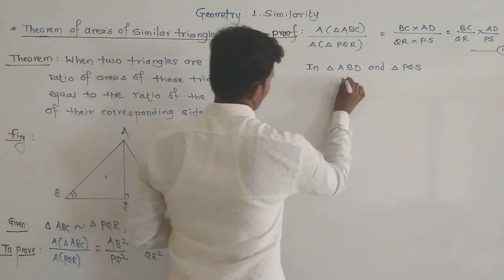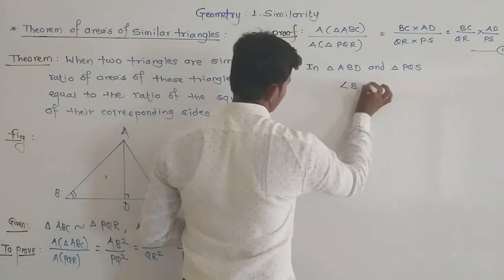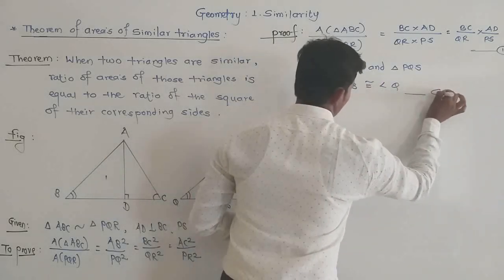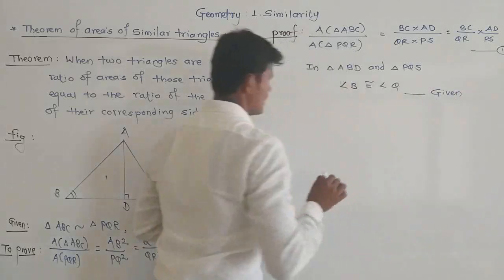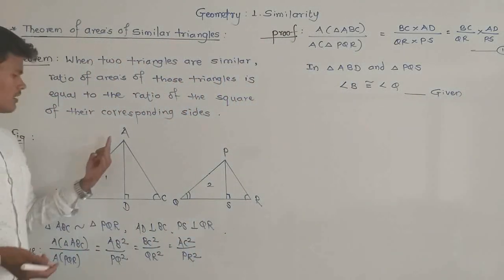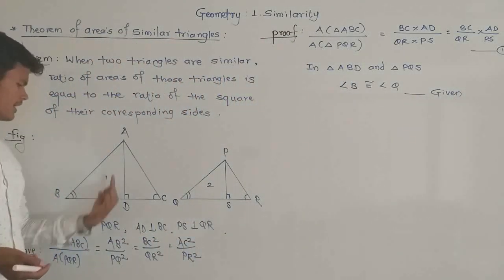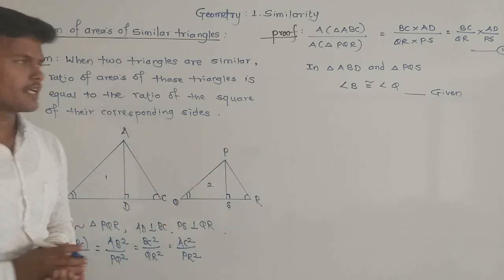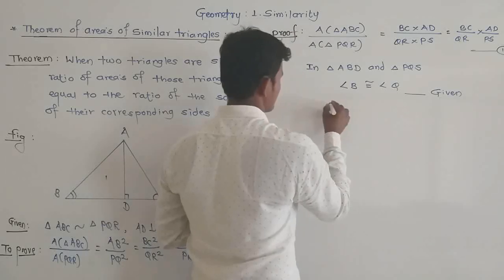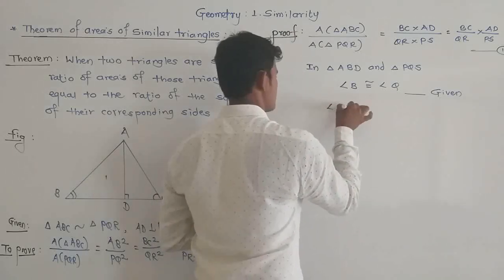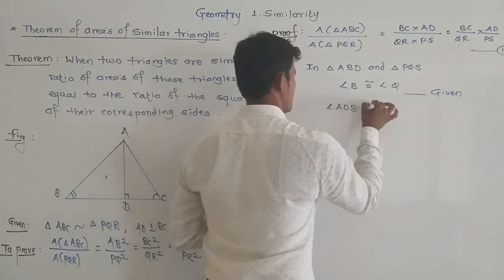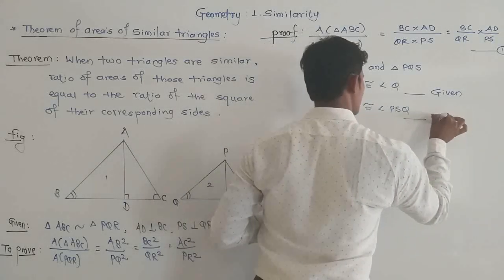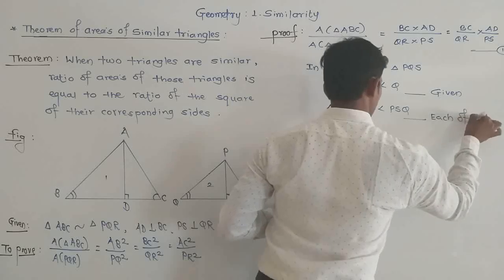So measure of angle B is congruent to measure of angle Q. That is given. Now the second statement: angle ADB is congruent to angle PSQ, because each is of measure 90 degrees.